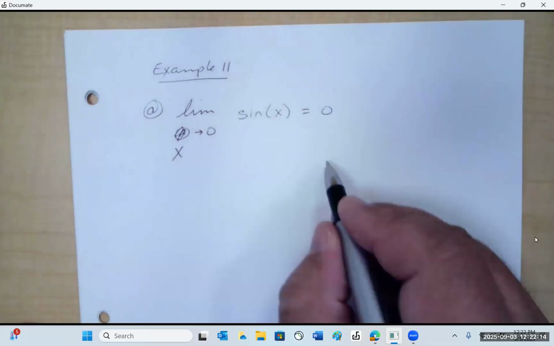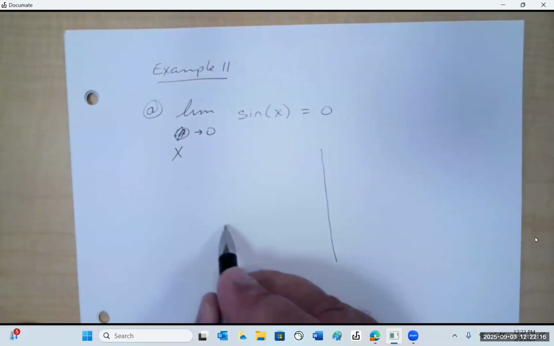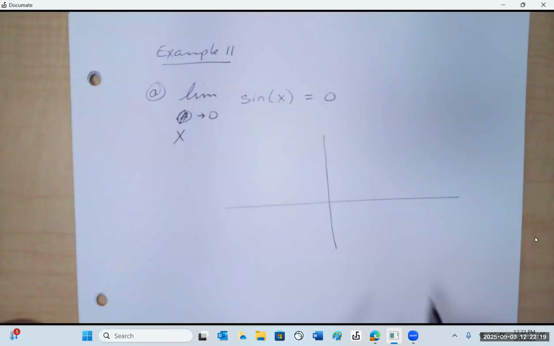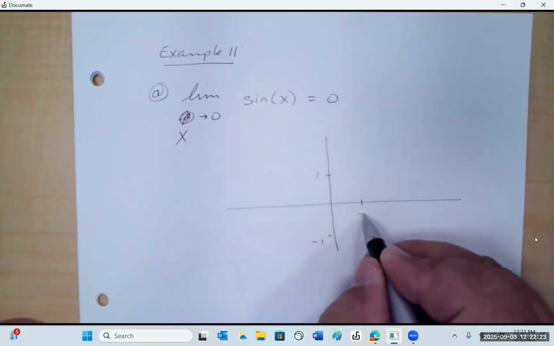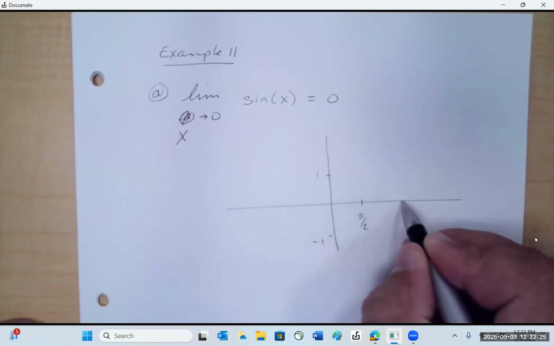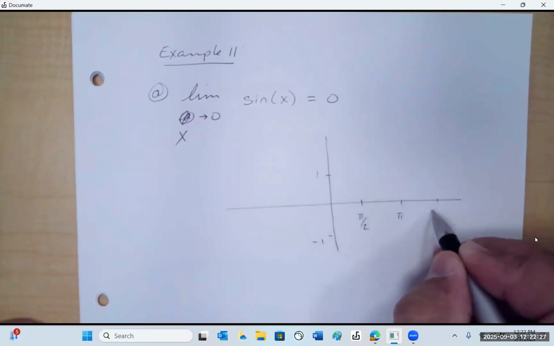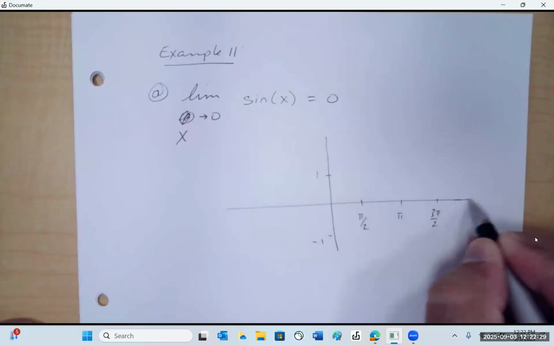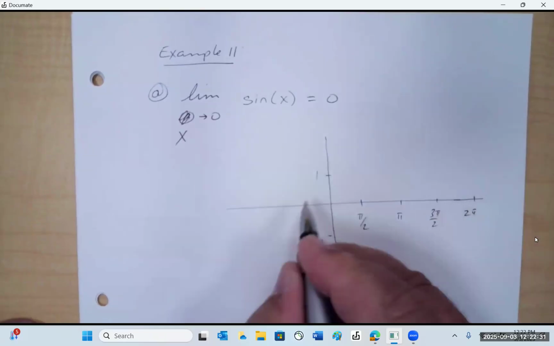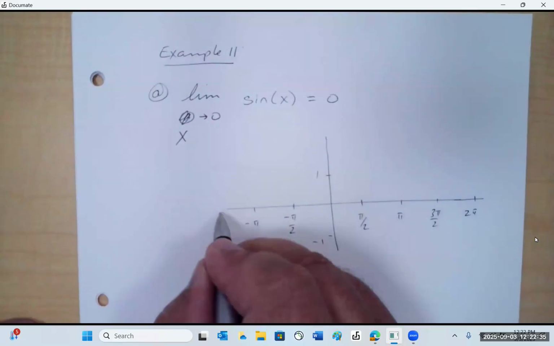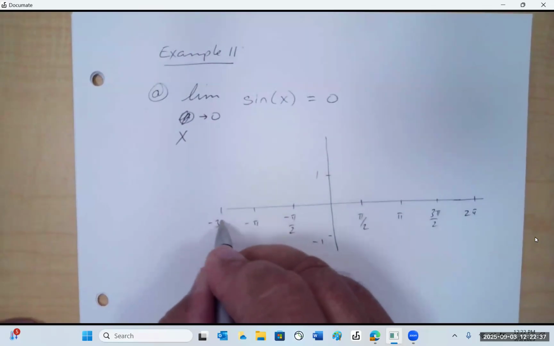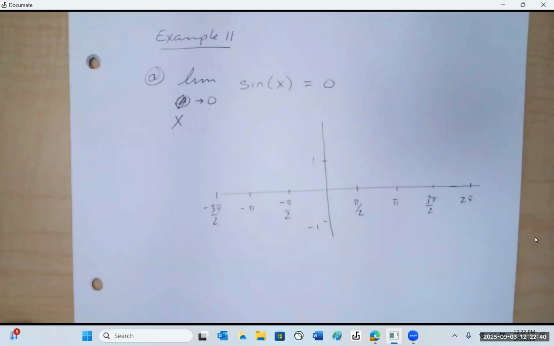What does the sine function look like to begin with? So we have pi over 2, pi, 3 pi over 2, 2 pi, negative pi over 2, negative pi, negative 3 pi over 2. That's all I need.